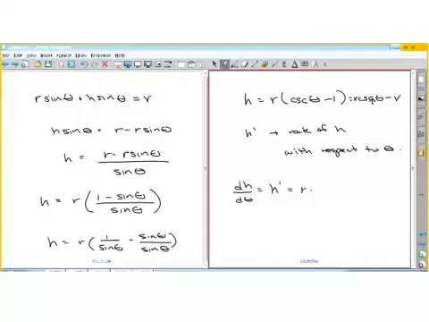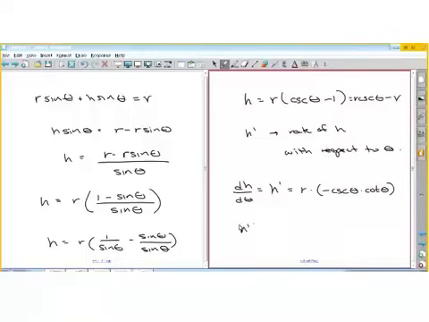So we go to the book, page 123. The derivative of the cosecant is negative the cosecant of theta times the cotangent of theta. So that's the derivative.